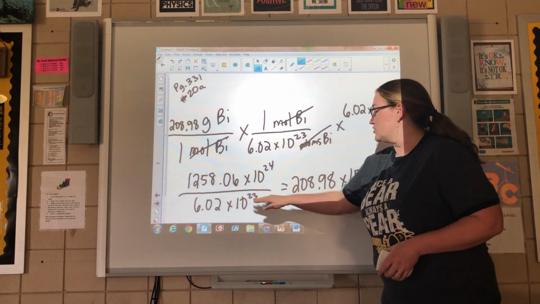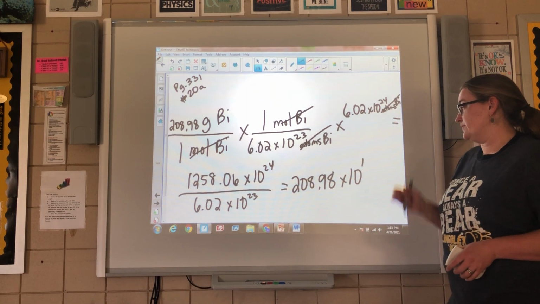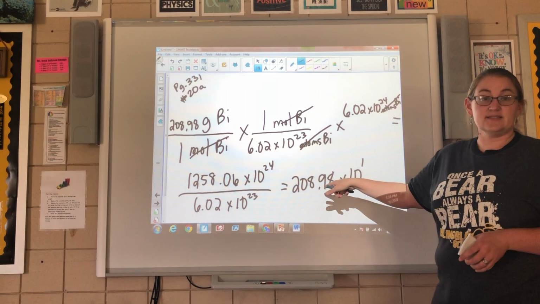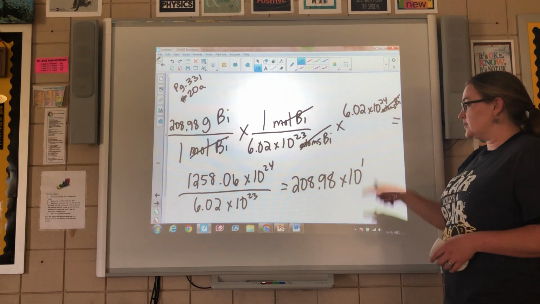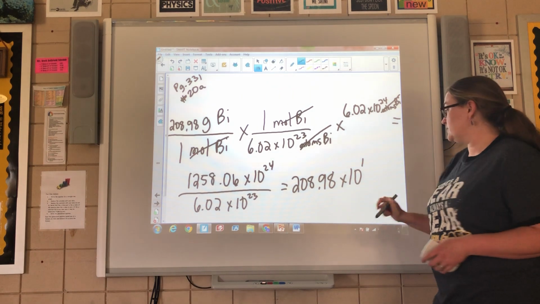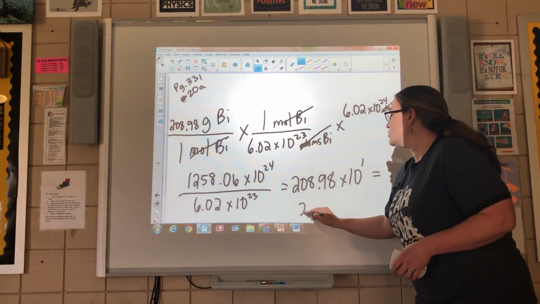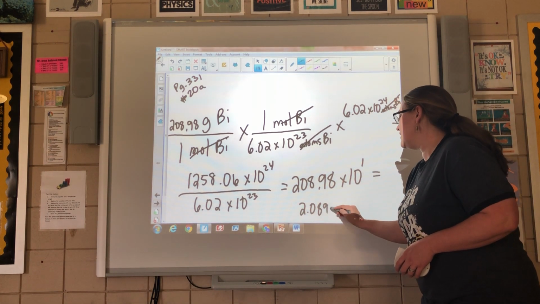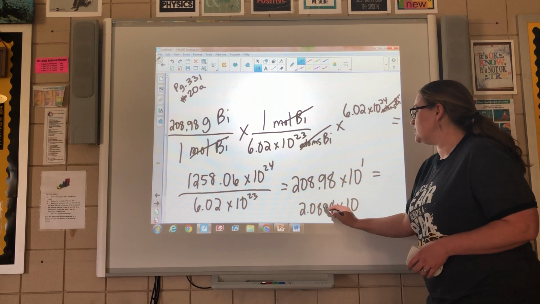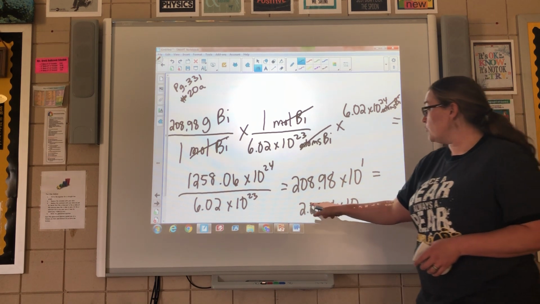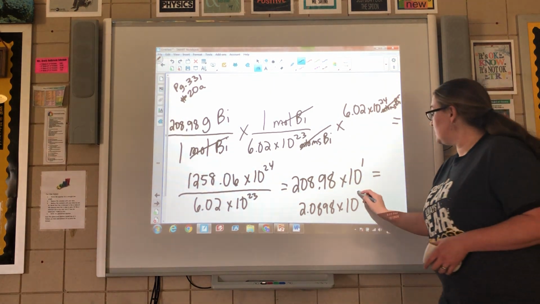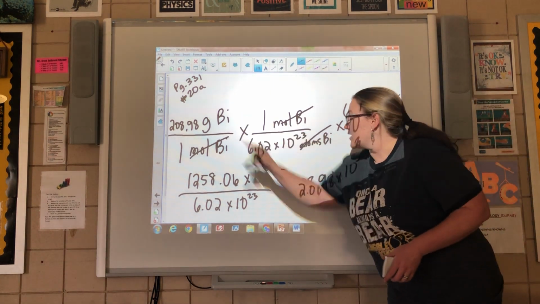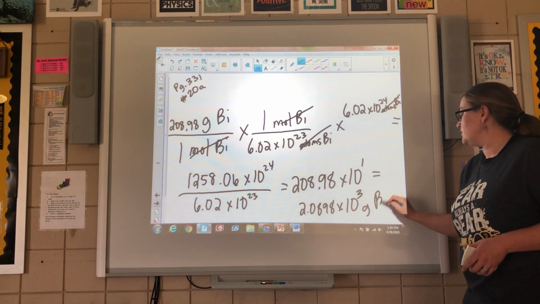So 24 minus 23, so times 10 to the first. Can I leave it like this though? No, I can't, because I don't have 1 digit before the decimal. I have 3. I only want 1. So 2.0898 times 10 to the, that is now 2 more further away from where it's supposed to be, so that's going to be times 10 to the 3rd grams of bismuth.